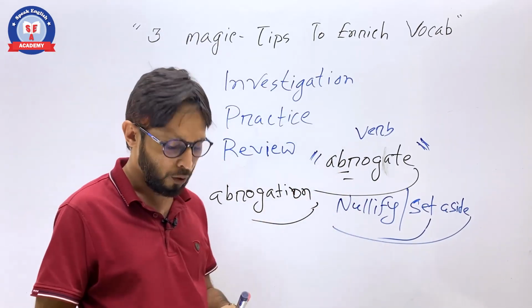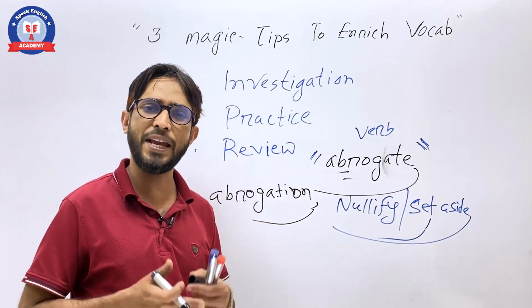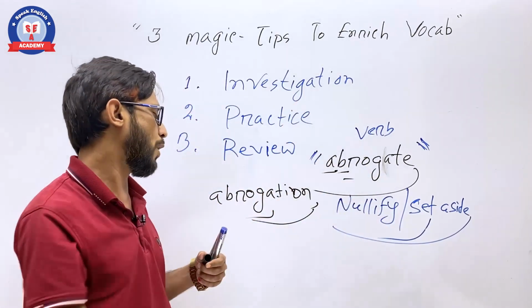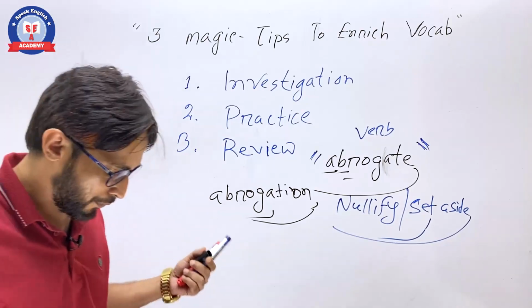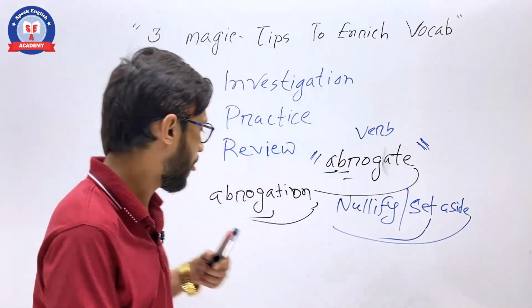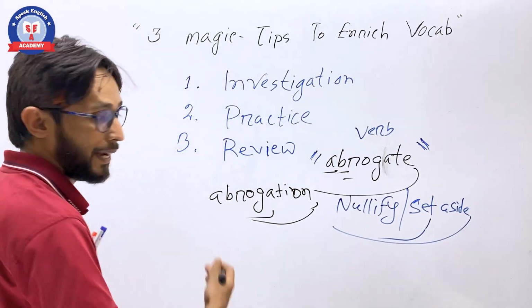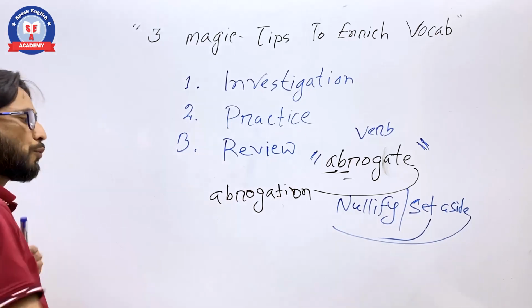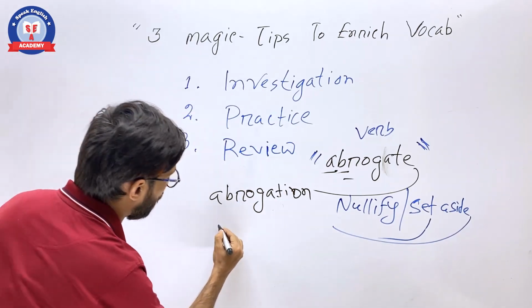Now we have to know what is the adjective form of this word abrogate or this noun abrogation. Sometimes there may be an adjective form of this word, sometimes not. So if we check on mobile phone, I checked earlier, I find a new word, and it is abrogative.